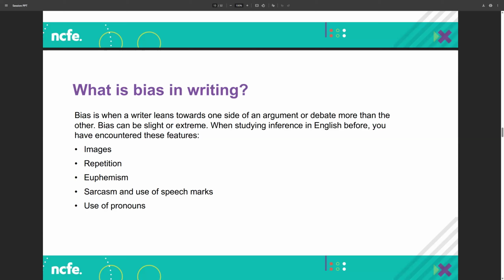I'm going to give another example of bias, and it's not in writing, so it's a bit different. If you're ever playing dice with someone, you can get a rigged die, where it's more likely to land on one side or one number. This is called a biased die. And it's the same with an argument, the same with someone talking. You can see there's a reason why someone is telling me this information.